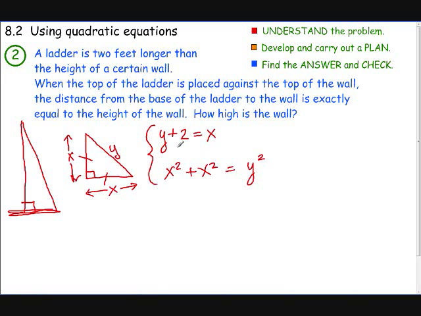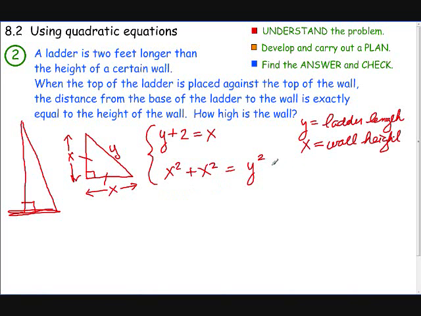Because I don't know the height of the ladder, that's y. I probably should define that, right? Write it over here. Ladder length, and x equals wall height. Two variables, two equations. That's good. I can work with this.